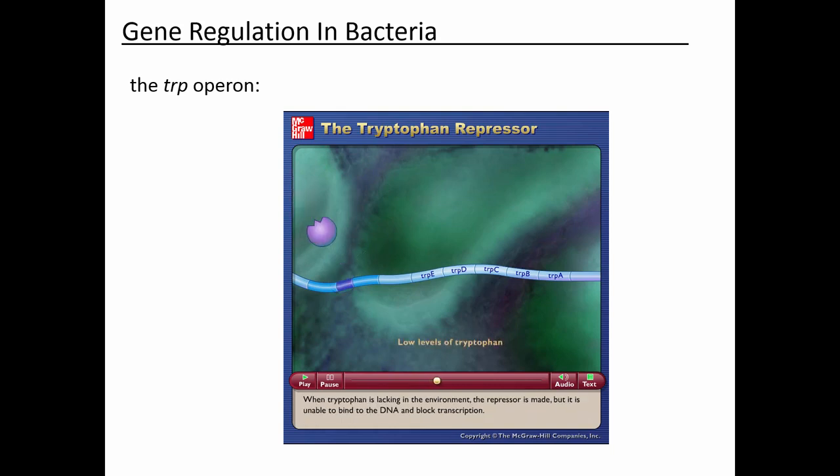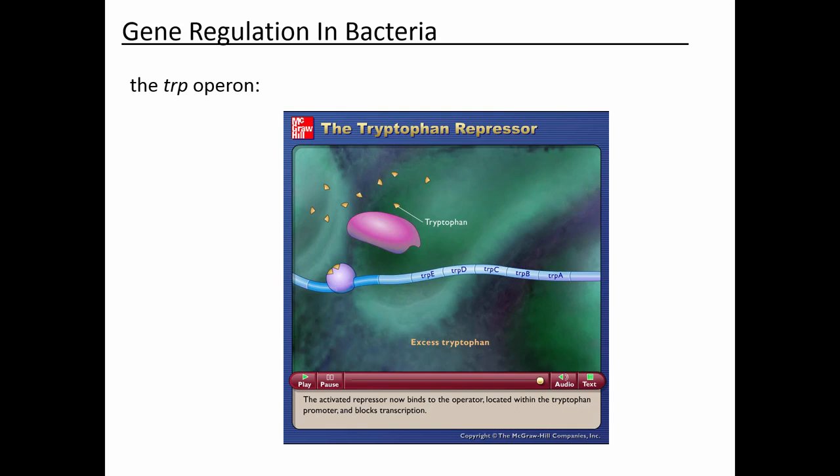When tryptophan is lacking in the environment, the repressor is made, but it is unable to bind to the DNA and block transcription. RNA polymerase binds to the promoter site and then proceeds down the DNA, transcribing the genes for the tryptophan biosynthesis enzymes. When tryptophan is present in the environment, the organism no longer needs to make tryptophan. Tryptophan binds to the repressor and activates it. The activated repressor now binds to the operator located within the tryptophan promoter and blocks transcription.